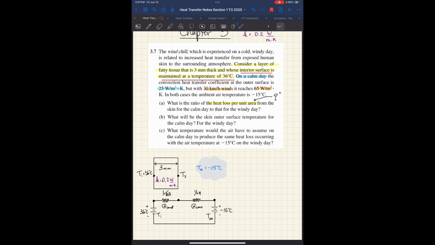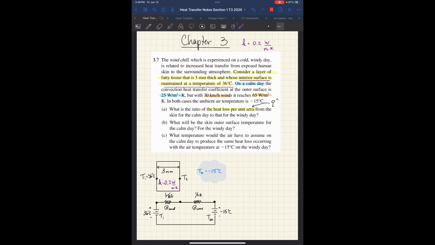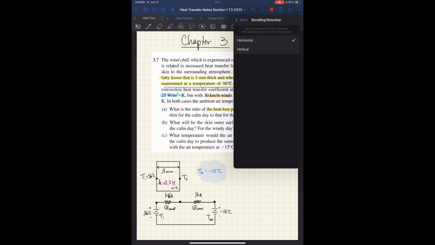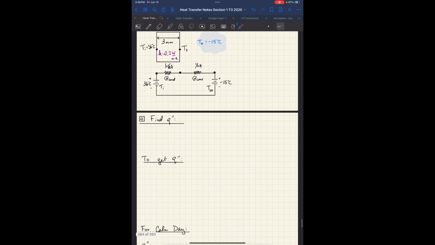So it's a cold, windy day, maybe really cloudy and dark outside, there's no radiation, only convection. So that's what's going on over here. So heat loss per unit area, that's your flux, that's Q double prime. Let's find it, and now I think would be a good idea to switch to vertical scrolling.